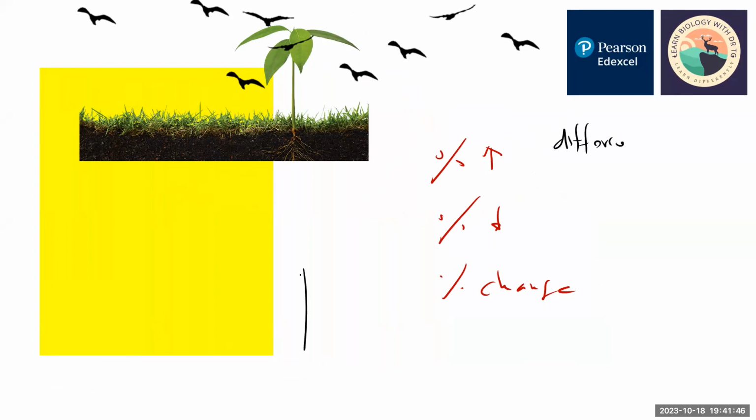For example, this is the first percentage decrease, this is percentage increase, and anything between this is change. So we take this difference, let's say D, divided by the starting value, the initial value, this one.